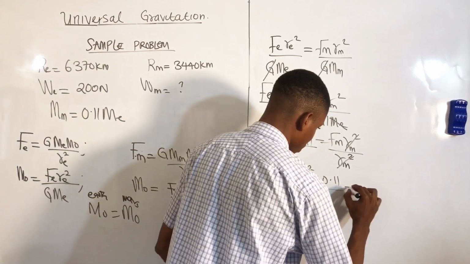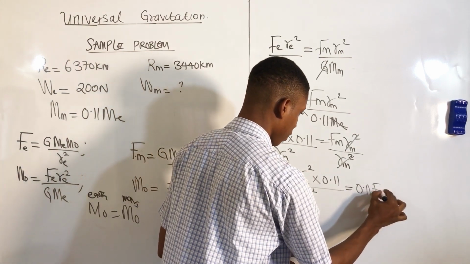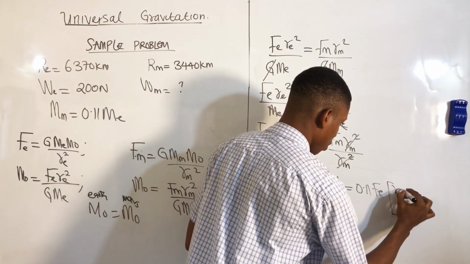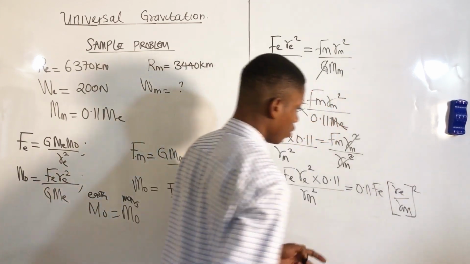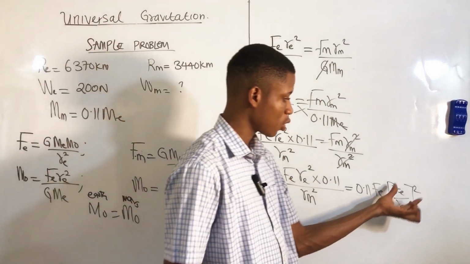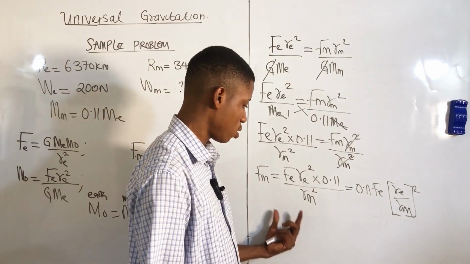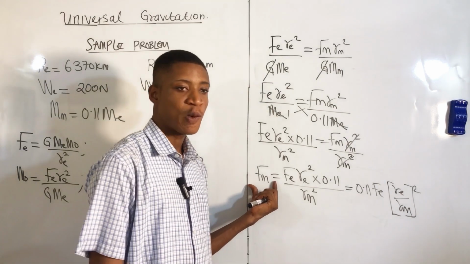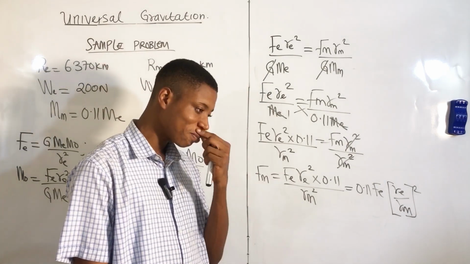So this can further be simplified as what? 0.11 of F_E. Of course, in brackets, we have r_E over what? r_M, all squared, because these values have squares. So we factor out the square of the two radii and it becomes this, and see what the weight and the force of attraction between Mars and the object is.